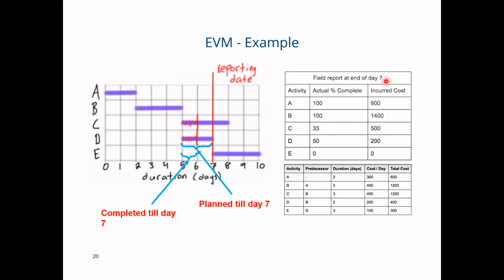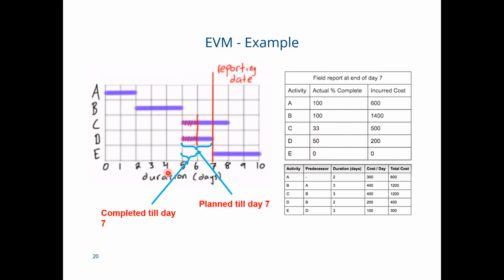By the end of day 7, we notice activity C is 33% completed, right? But according to our planning, it should be completed two-thirds, but it is completed just one part. That's why you can see the red line is here. Now, activity D is completed 50%.